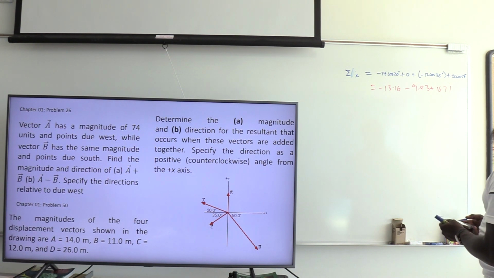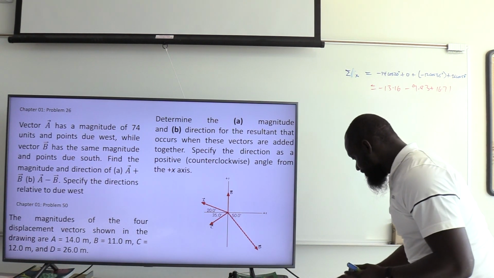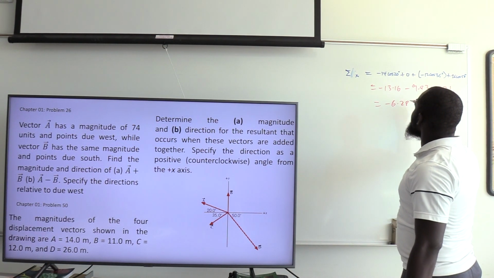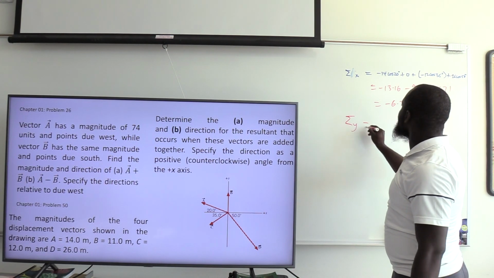Then I sum all those together: 16.71 minus 9.83 minus 13.16 gives me minus 6.28 meters.